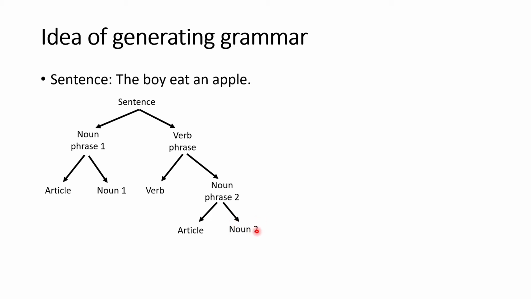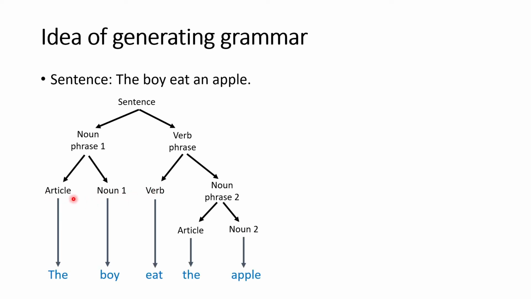Now I can derive these 5 words of this sentence directly with these 5 leaf nodes of this tree. This article maps with the word the, then noun 1 will follow with boy, verb will derive the word eat, the second article I have is the, and the second noun that I have is apple.